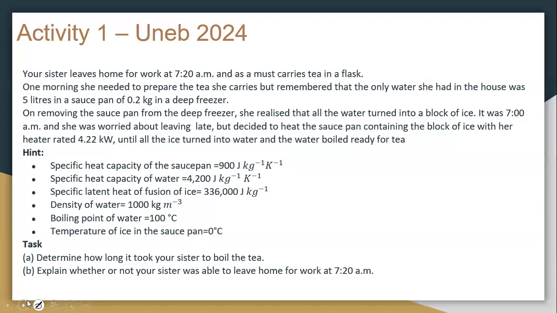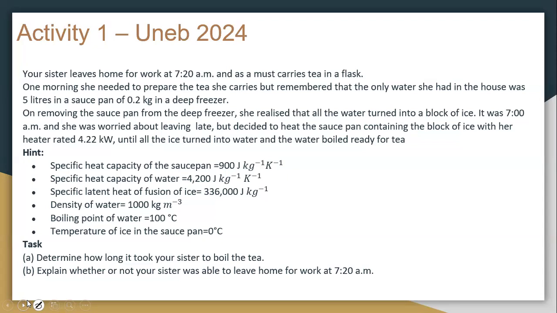On removing the saucepan from the deep freezer, she realized that all the water had turned into a block of ice. It was 7 a.m. and she was worried about leaving late, but decided to heat the saucepan containing the block of ice with her heater, rated 4.22 kilowatts, until all the ice turned into water and the water boiled ready for tea. Now they want us to determine how long it took your sister to boil the tea and explain whether your sister was able to leave home for work at 7:20.